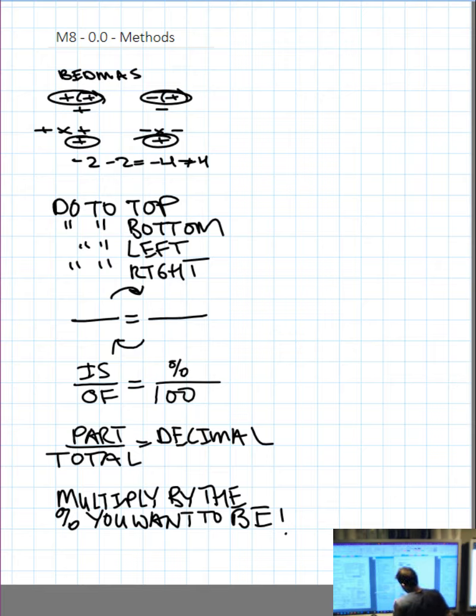If I want to multiply by 50%, I multiply by 0.5. If I want to multiply by 90%, I multiply by 0.9. If I want to get 110%, I multiply by 1.1. If I want to add 10% to something, I just simply multiply it by 1.1. Carefully go through those notes from the decimal section.